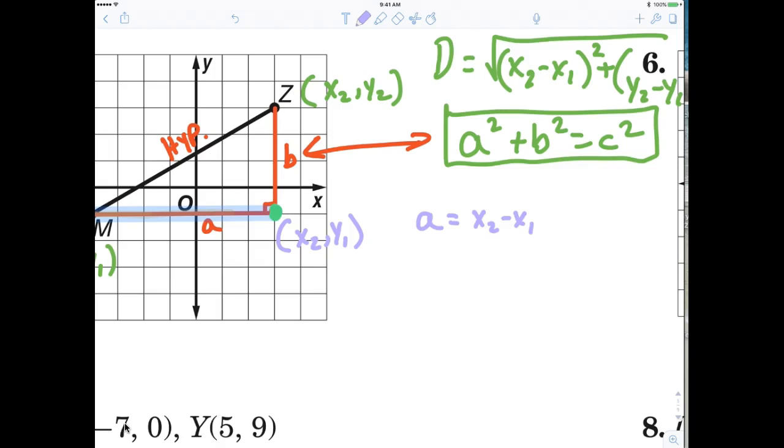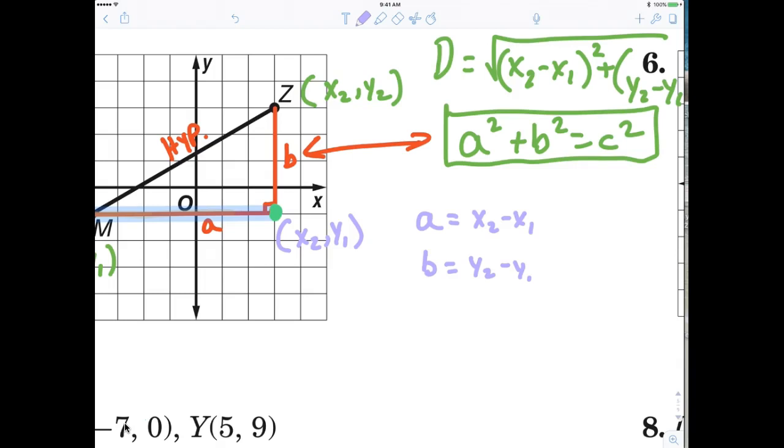Now, someone who's been paying attention should be able to tell me what B is. y2 minus y1. Brilliant. Now, if I wanted this distance right here, because it's vertical, the x2 played no part in it. Does everybody agree with that?